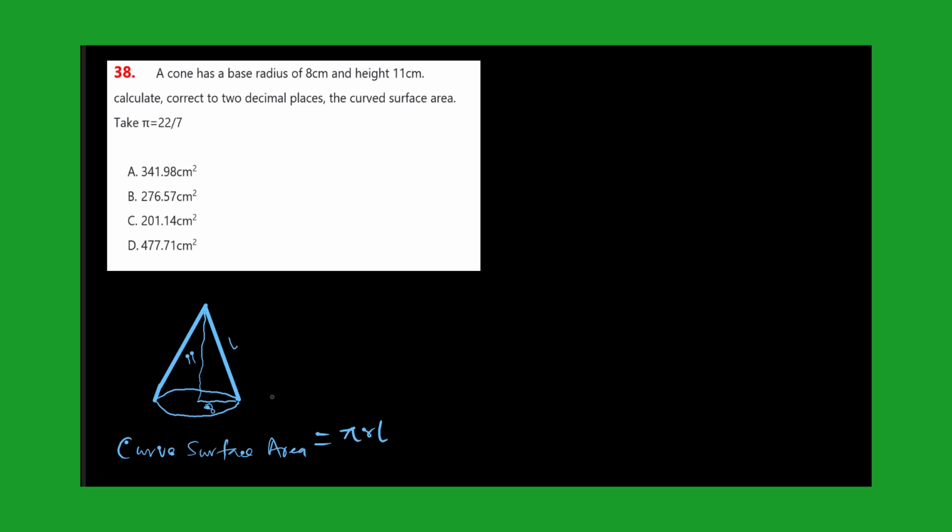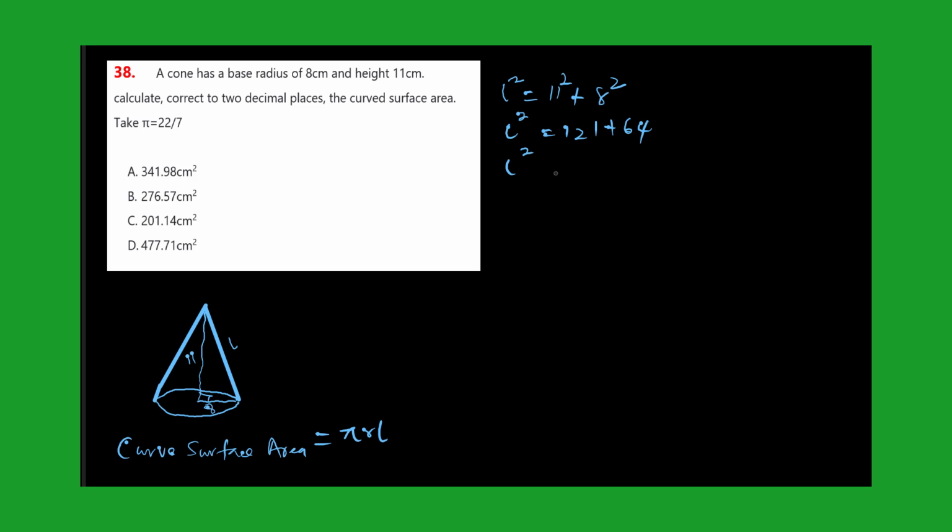So in this case, we are going to use Pythagoras theorem to find the value of L, because this will give us a right angle triangle. So using Pythagoras theorem to find the value of the slant height. So L squared equals the opposite, which is 11 squared, plus 8 squared. So L squared equals 11 times 11 is 121, and 8 times 8 is 64.